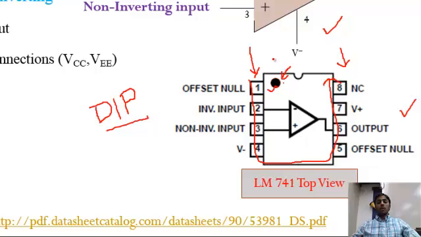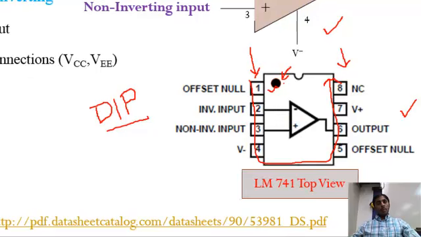So using that dot, you can specify which is pin number 1 and so on down the line through pin number 8. So for any type of IC that carries a DIP package, this is how you can find out what the pin number is. But let's look at what type of pins an op-amp has.